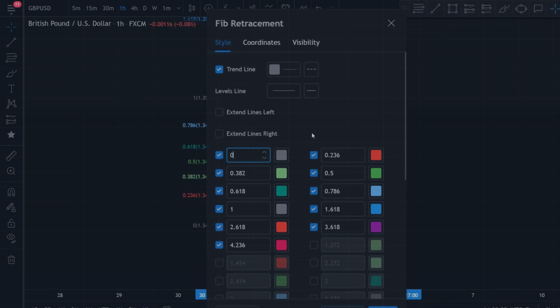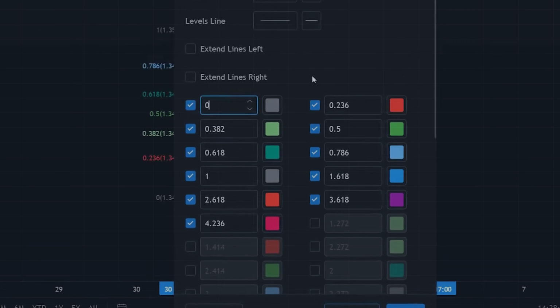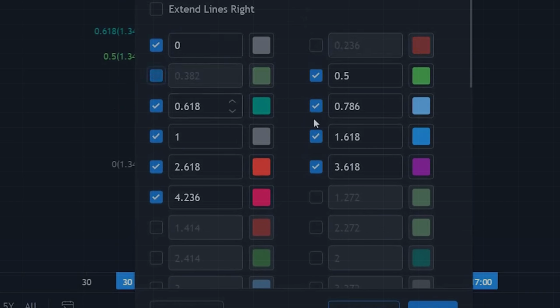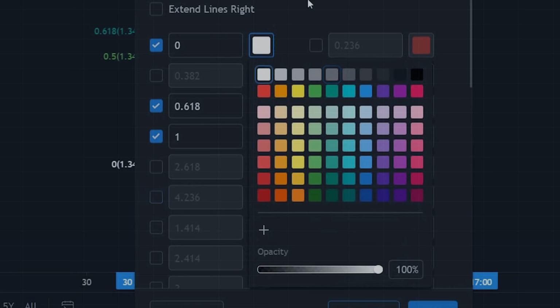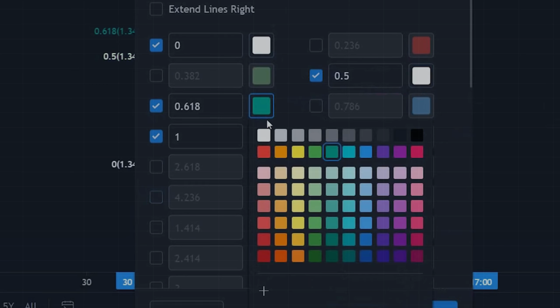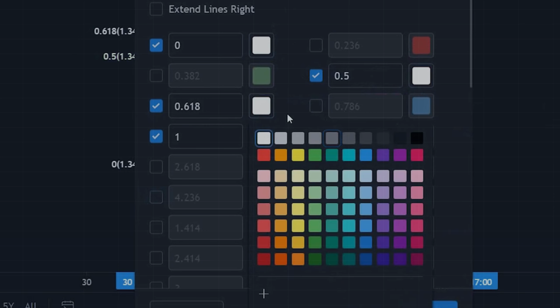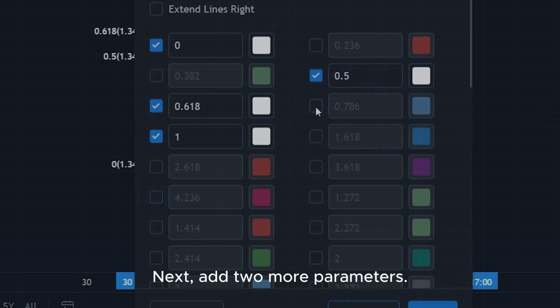Now, follow my steps. Remove the unnecessary parameters. These are the parameters I keep. Now, change all of them to white. Next, add two more parameters.